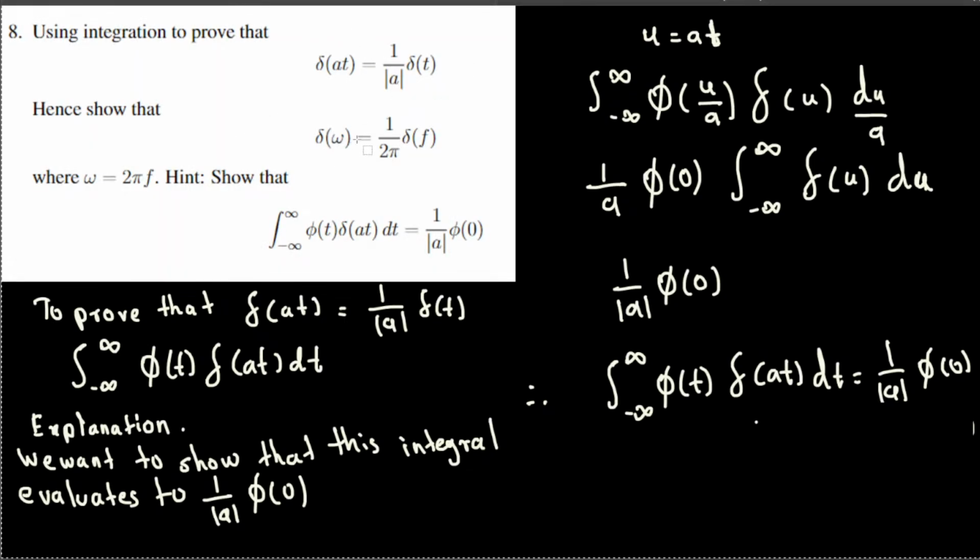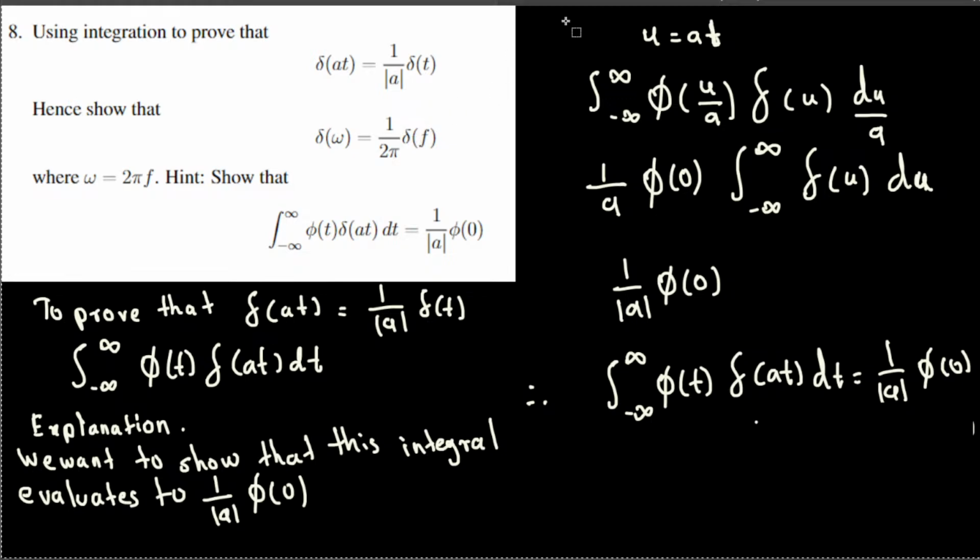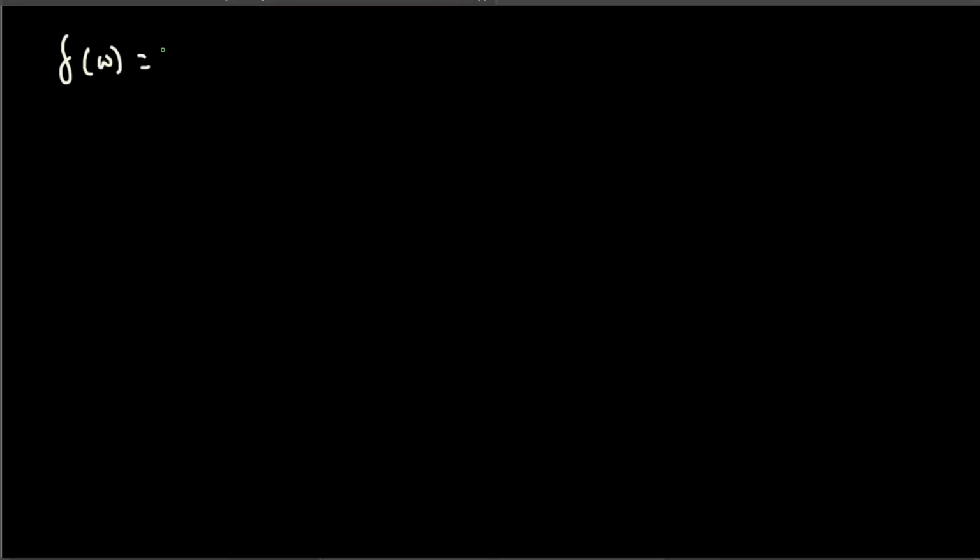We had to prove that delta of omega is equal to 1 over 2 pi times delta of f. And here we know that omega is 2 pi f, where omega is the angular frequency.